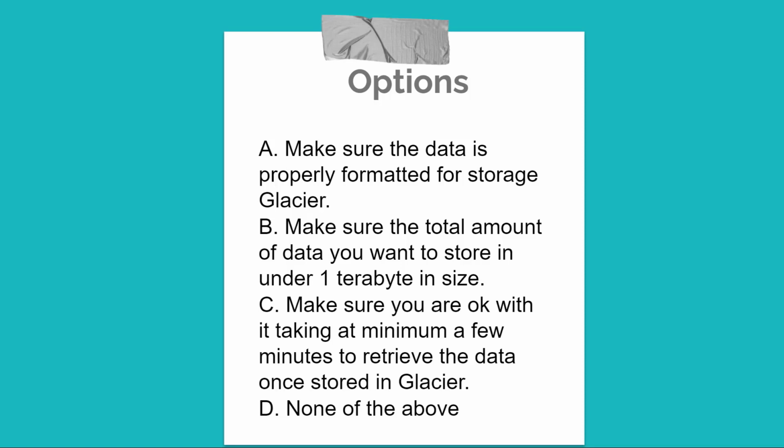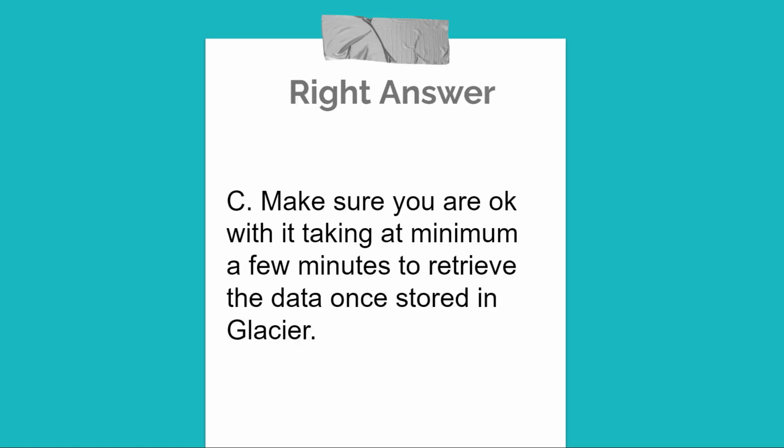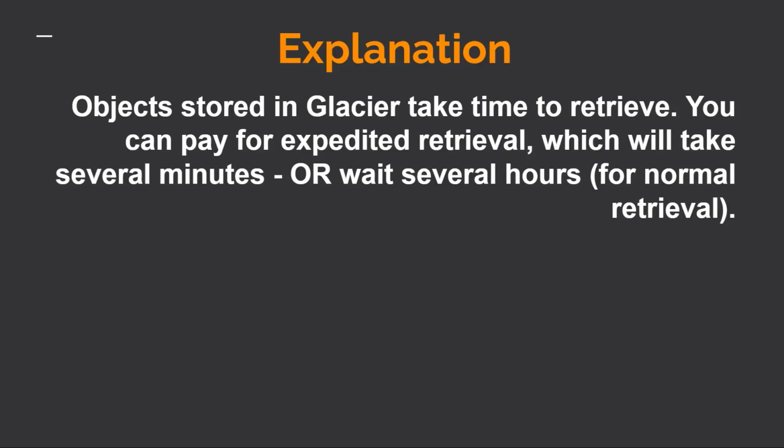C. Make sure you are okay with it taking at minimum a few minutes to retrieve the data once stored in Glacier. D. None of the above. Right answer is C. Make sure you are okay with it taking at minimum a few minutes to retrieve the data once stored in Glacier. Explanation. Objects stored in Glacier take time to retrieve. You can pay for expedited retrieval, which will take several minutes, or wait several hours for normal retrieval.